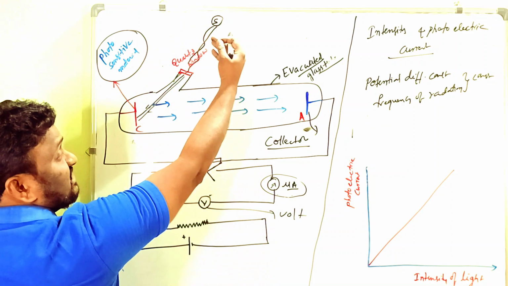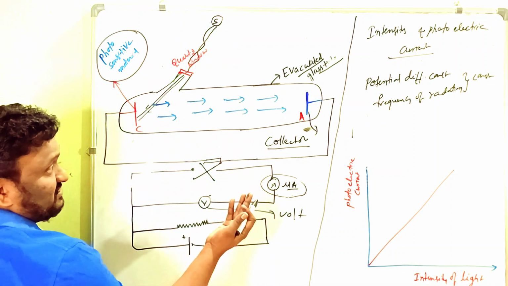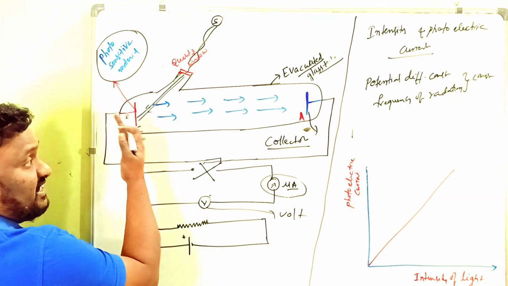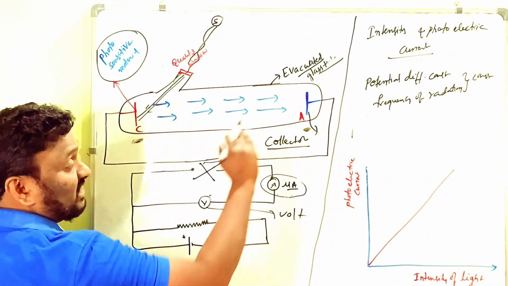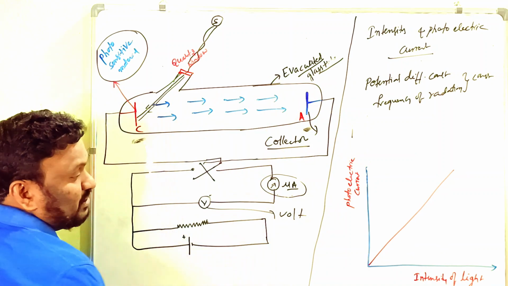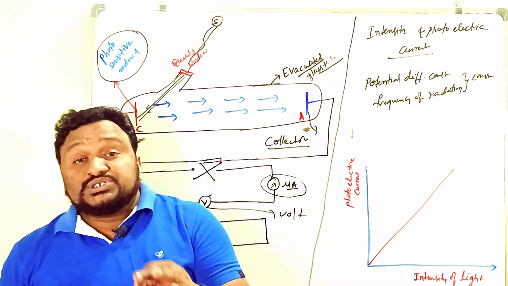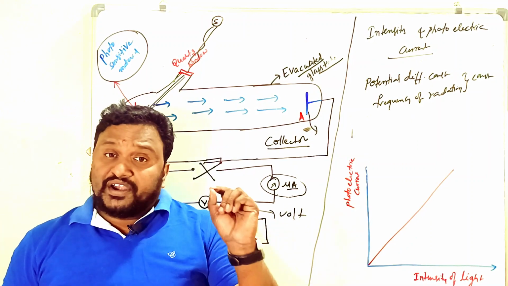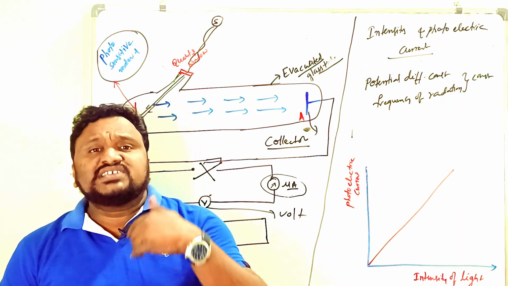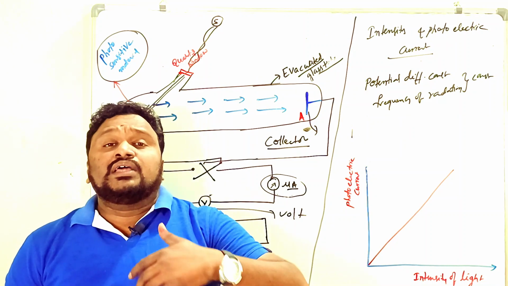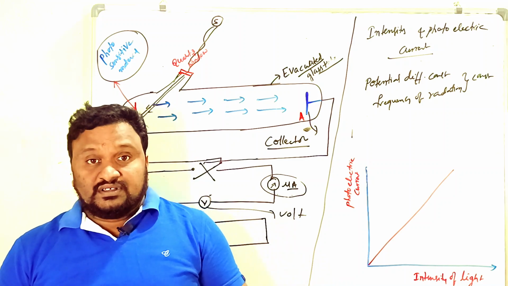When intensity is increased, the number of electrons released from the cathode also increases.